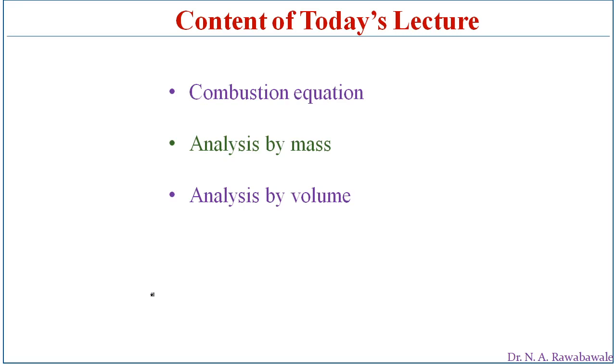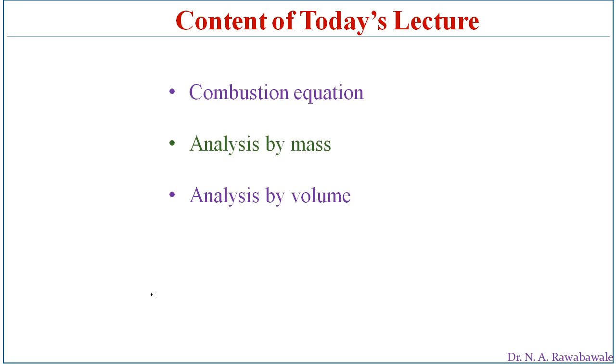The purpose of combustion chemistry is to determine the air required for combustion and to find out the quantity of products of combustion. The combustion reaction is written in the form of a chemical equation expressing the conservation of mass in terms of conservation of atoms.